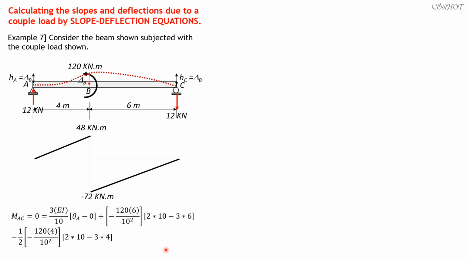So simplifying that equation, we can solve theta A directly. So theta A will be negative 16 over EI, and because this is slope deflection equation, the meaning of negative 16 over EI is counterclockwise. But counterclockwise is the positive direction of rotation, so theta A is 16 over EI, just like the answer in double integration.